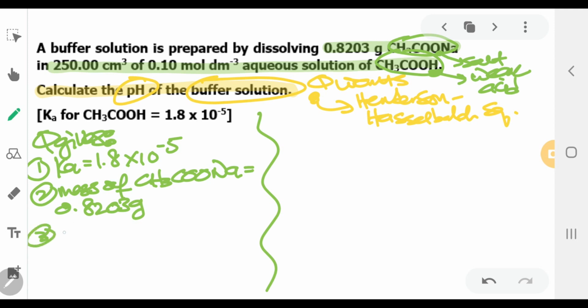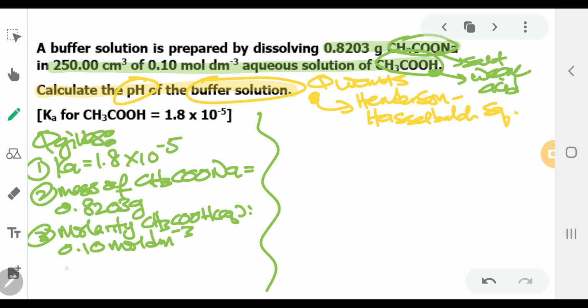Thirdly, we have the molarity: CH3COOH aqueous equals 0.10 mole per decimeter cubed, and the volume of the weak acid is 250 centimeter cubed.